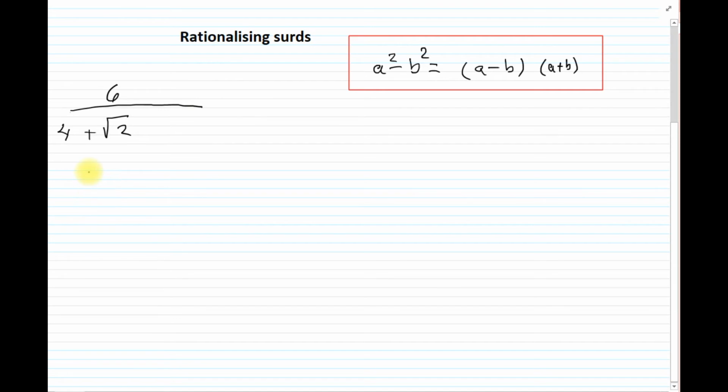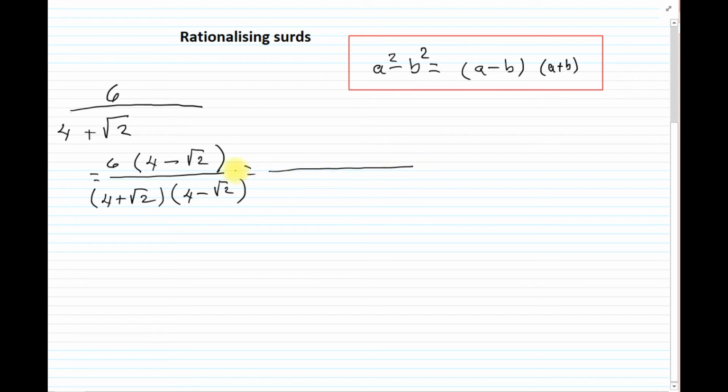Now to rationalize this, I have to multiply top and bottom of this fraction by 4 minus square root of 2. So this will become 6 times 4 minus square root of 2, and the denominator will be 4 plus square root of 2 times 4 minus square root of 2.